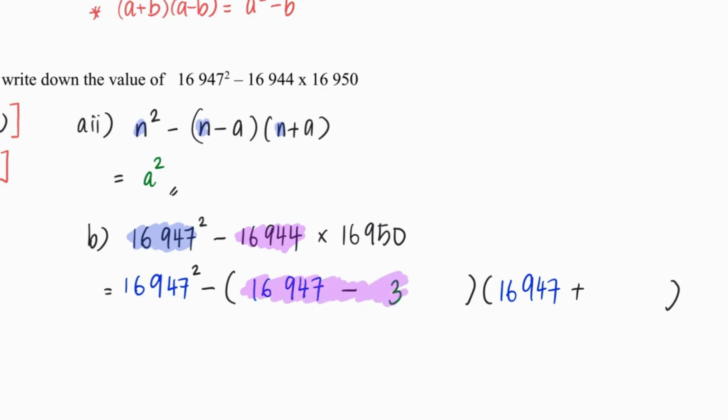And if I plus 3, this will give me 16,950. And so I have successfully found what is my number for A. And because I know that it is equal to A square, this one is simply equals to 3 square. So final answer, 9.